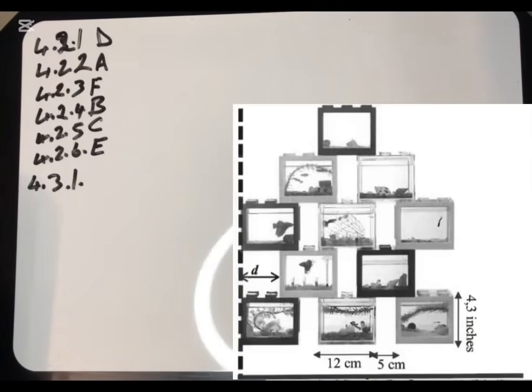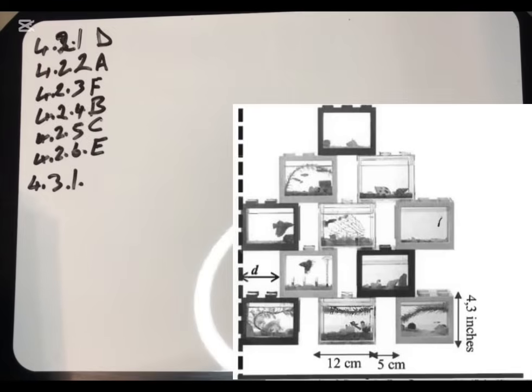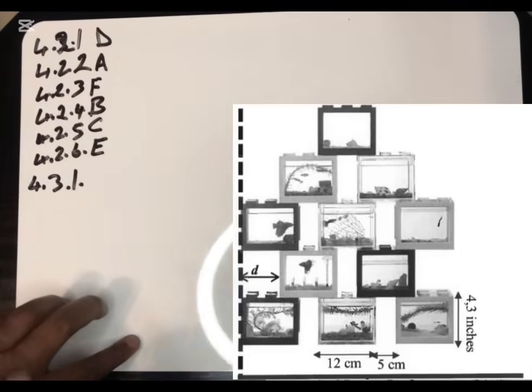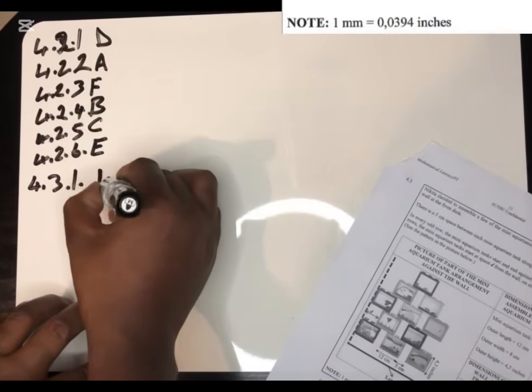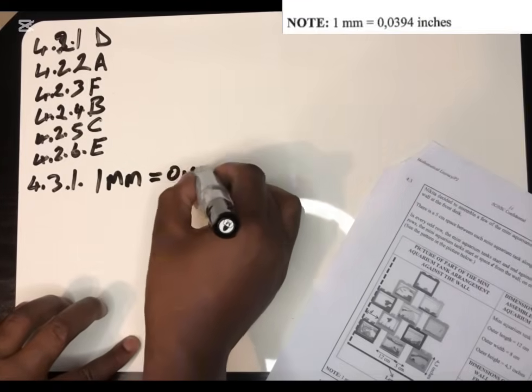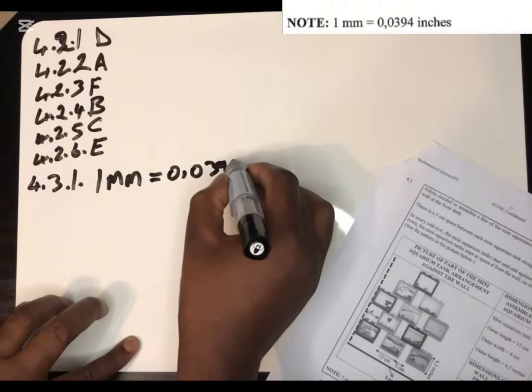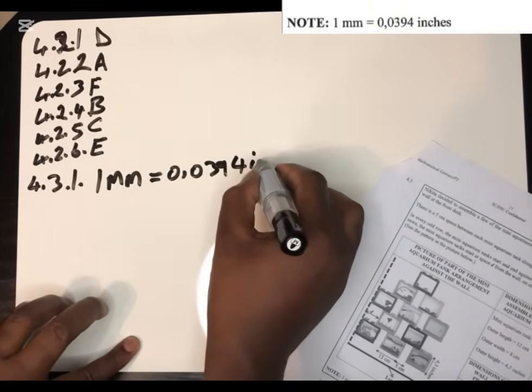We have to do some calculations, but we cannot convert from inches to centimeters directly, but we can convert it to millimeters, and then from millimeters take it to centimeters. So we are given 1 millimeter is equal to 0.0394 inches.